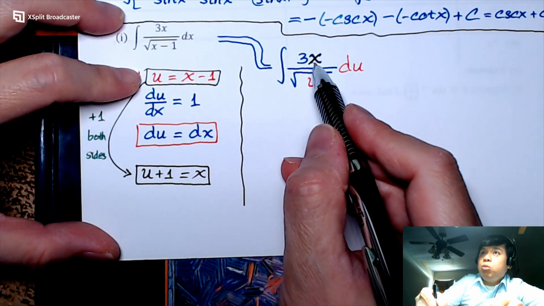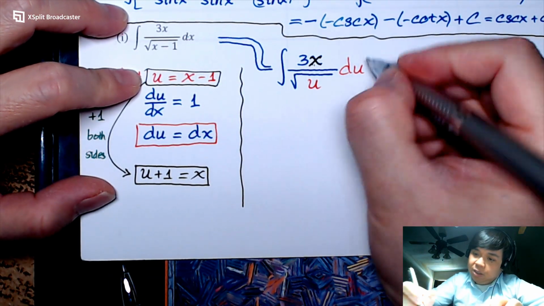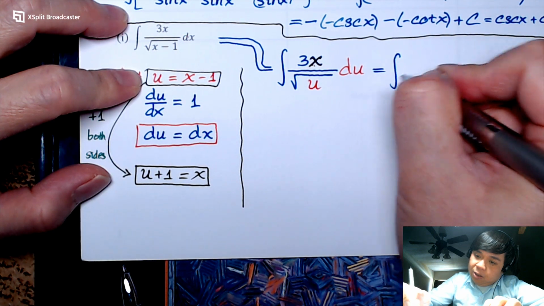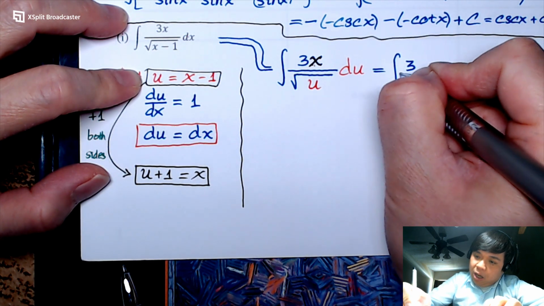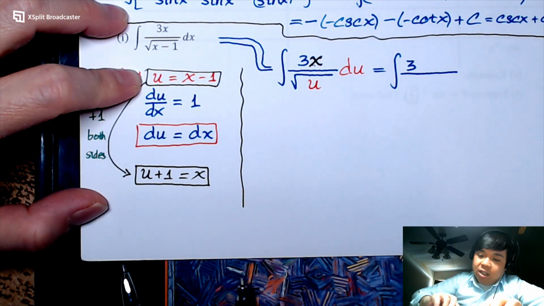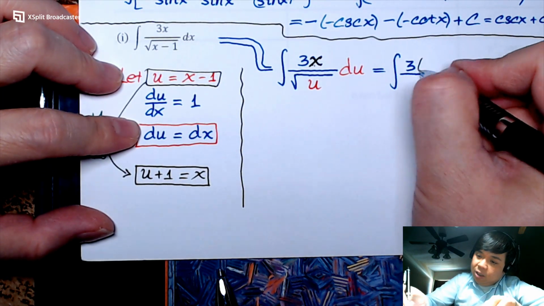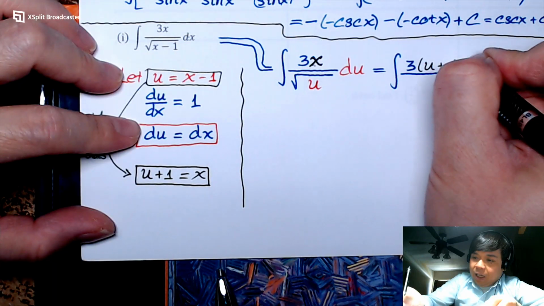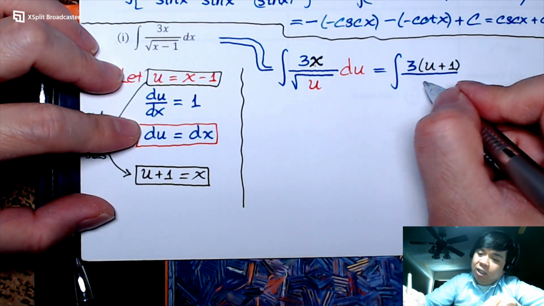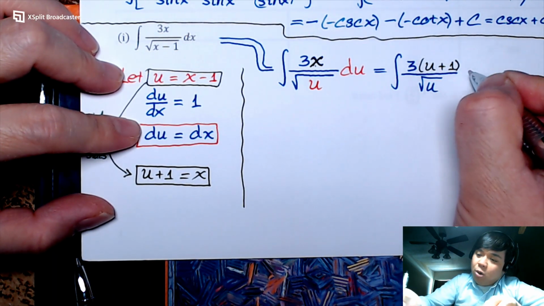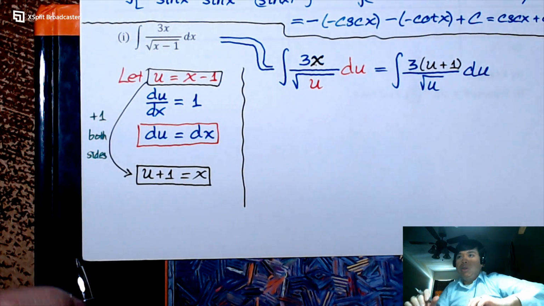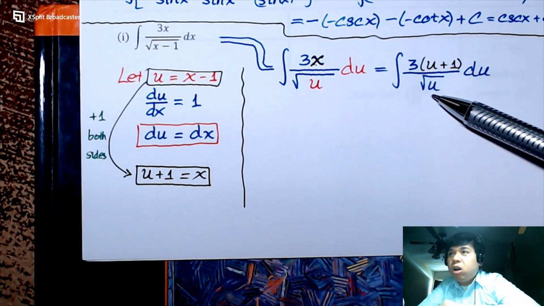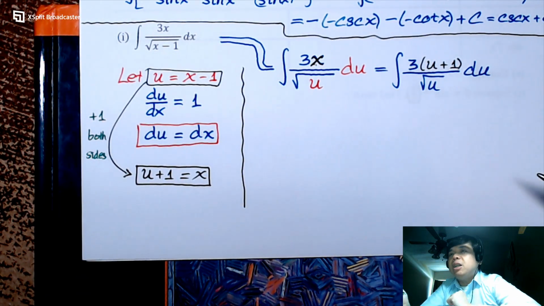I will substitute u plus 1 there. So sometimes the substitution will have x in it if we can solve for it in terms of u. That's a lot more doable because everything is in terms of u. And also there's 1 term at the bottom, so we can split the top.